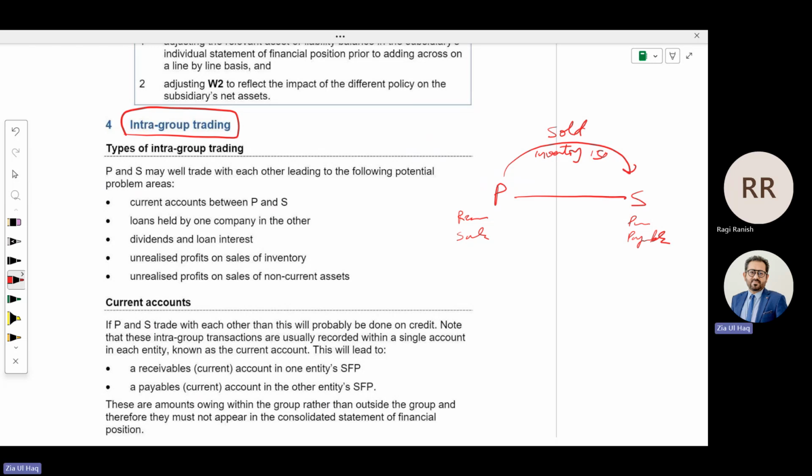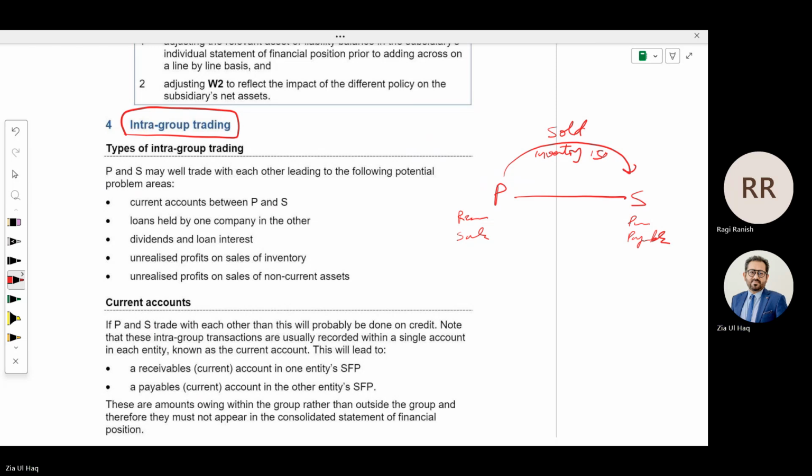It's like you have taken goods from one pocket and put them in another pocket. Receivable means receivable from outside the company, not from your own.